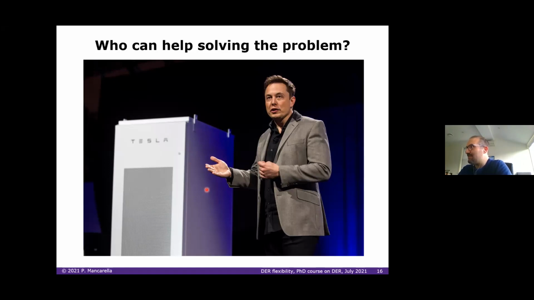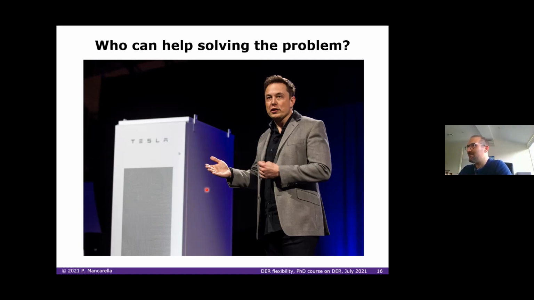But it did build it, and it partially helped a lot with some issues in South Australia, although probably even if the battery had been there for the blackout, nothing would have changed.